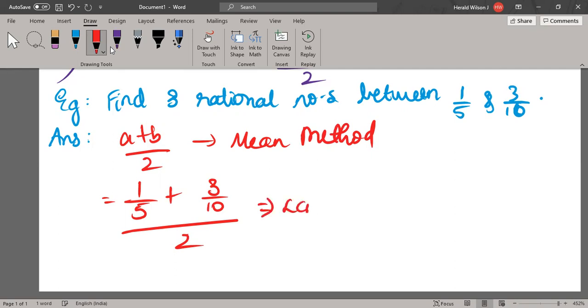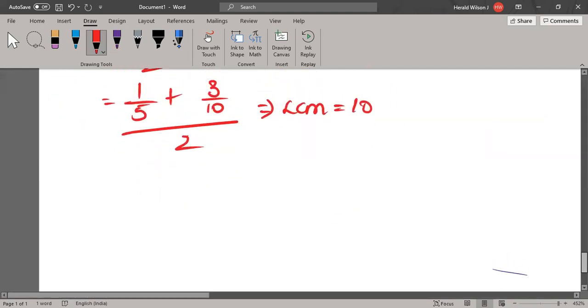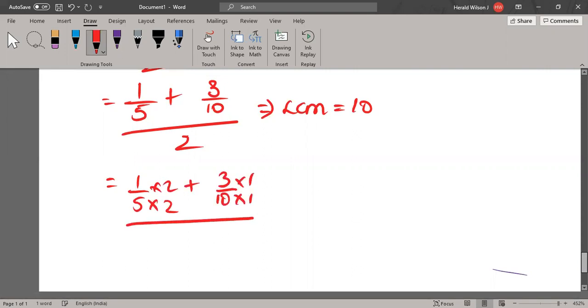I've quickly done it, and in the previous sum I got the LCM of 5 and 10, which is 10. So this equals (1 by 5 into 2 plus 3 by 10 into 1) into 1 by 2.